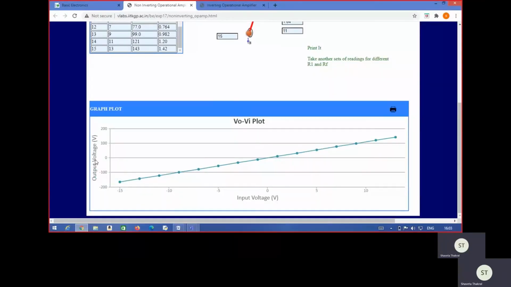So the output voltage is amplified, but it is in the same phase as the input voltage. That's why the incremental change in the input voltage can be seen in the output voltage in the same phase, with an amplification factor of 11.